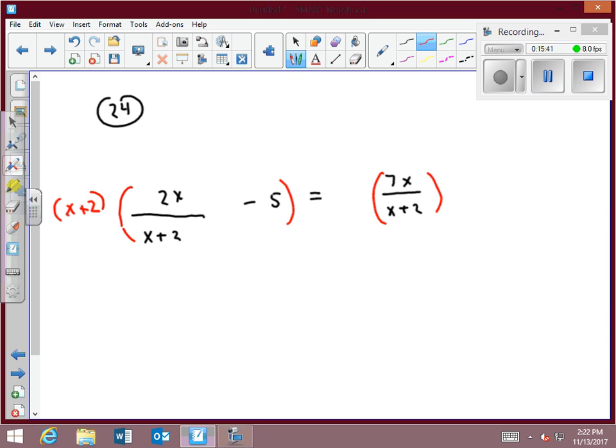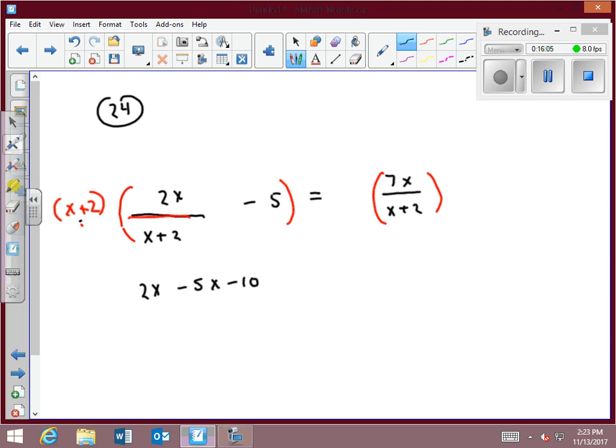So now then we distribute this x plus 2 times this thing. And what do we get? 2x. 2x, right? Then we go x plus 2 times minus 5. Now, if you can do it, you could go minus 5x minus 10.